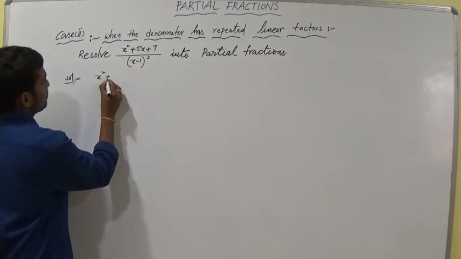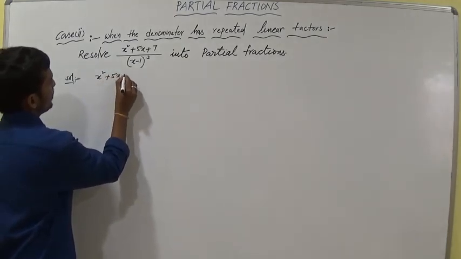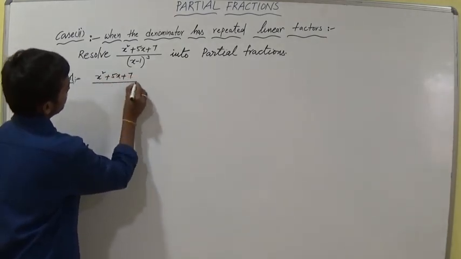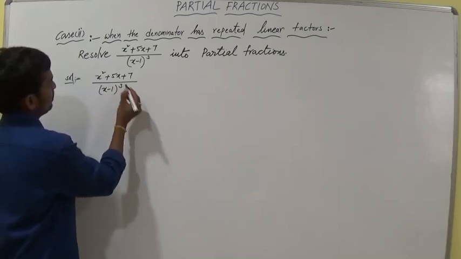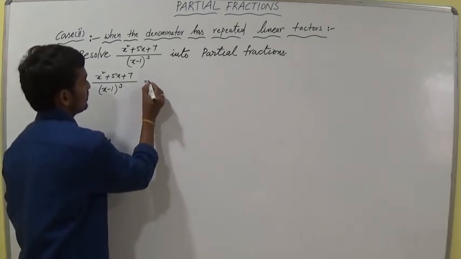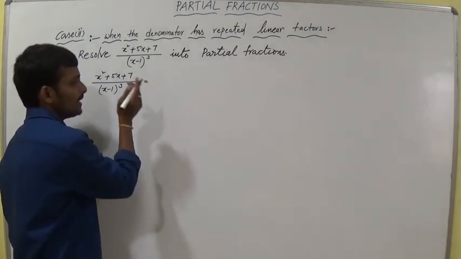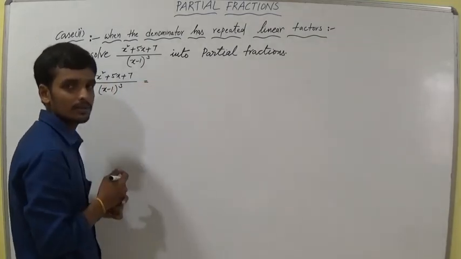x square plus 5x plus 7 by x minus 1 whole cube is equal to, we have to write this. This is the main step of the problem.